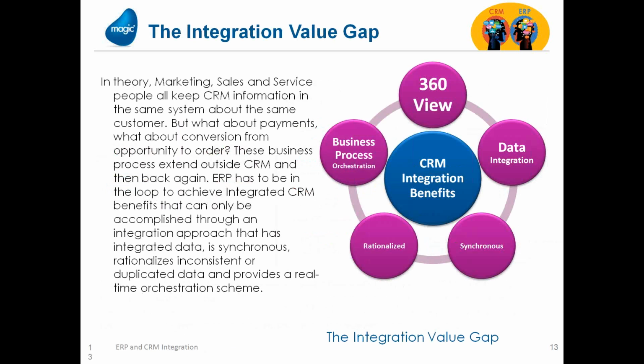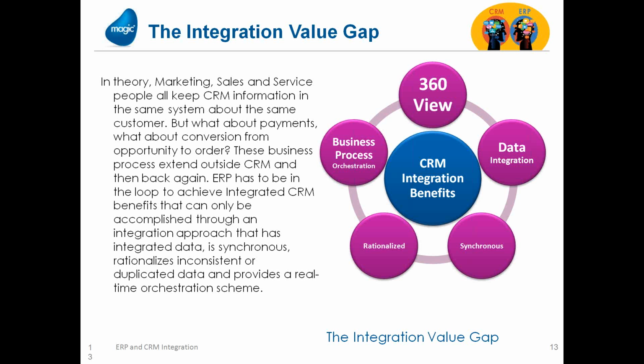CRM really needs the capability of integration in order to achieve its benefit, because its whole premise is based on having a 360-degree view of the customer around marketing, sales, service, and the various functions within an organization that interact with customers. Need to be able to see customer histories and opportunities and orders and leads and all the things that CRM systems are typically involved in tracking.